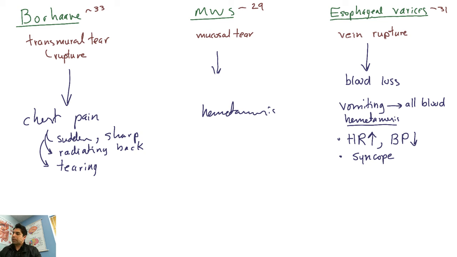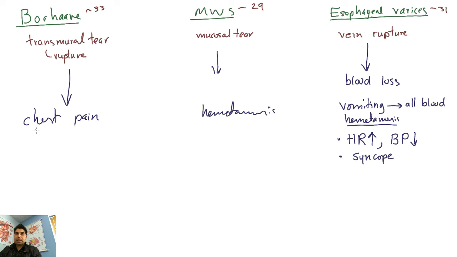What else do you expect? You would expect food in the mediastinum. Not malnutrition, because this would be resolved the same day. Or you're going to meet in heaven and have a lot of food. So no malnutrition.